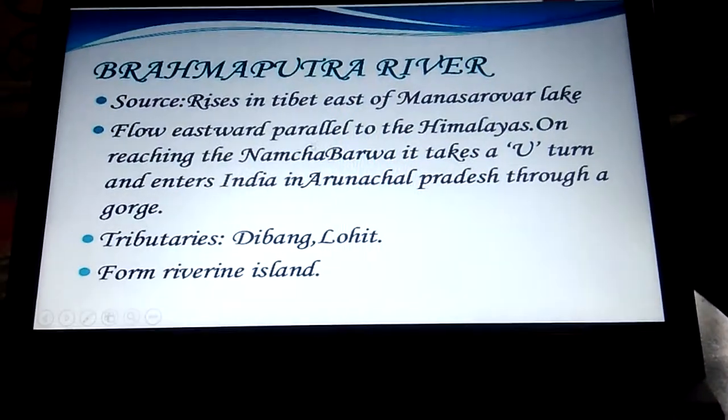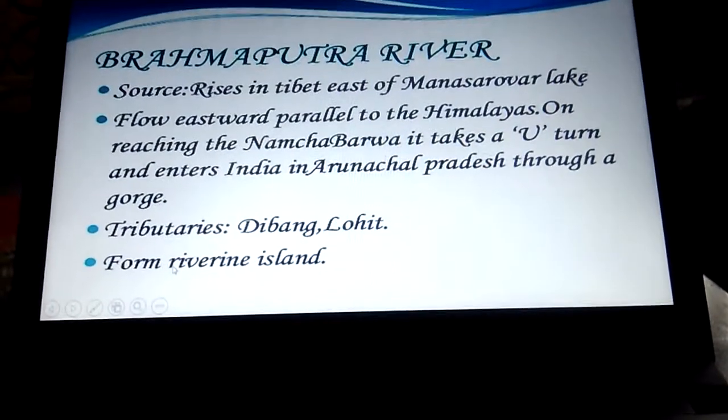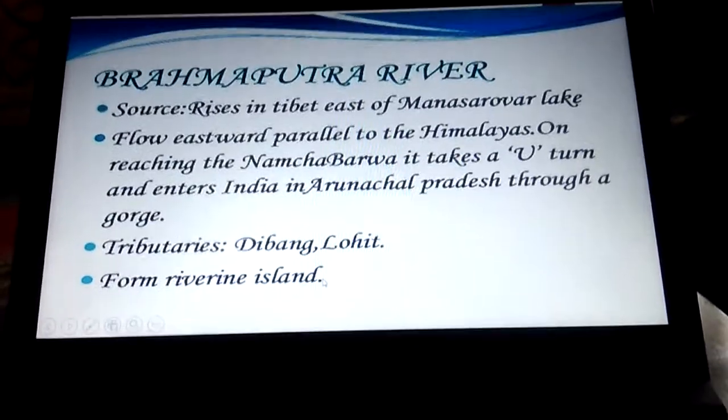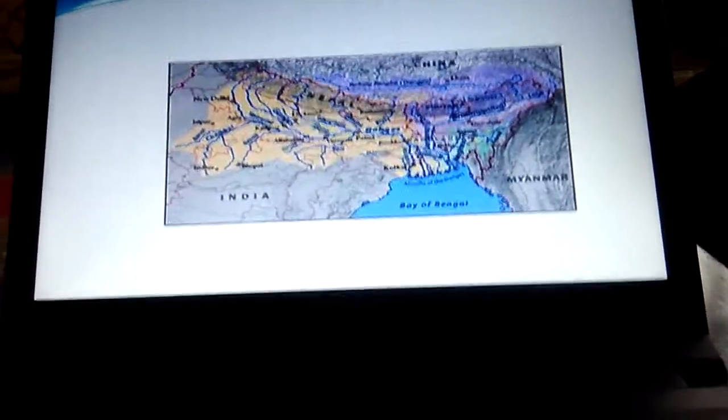And this river Brahmaputra also made the largest inhabited riverine island, which is called Majuli. Here is the map showing river Brahmaputra as well as river Ganga.